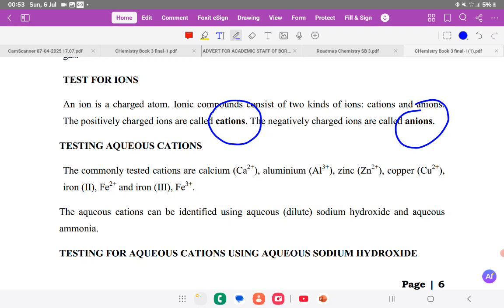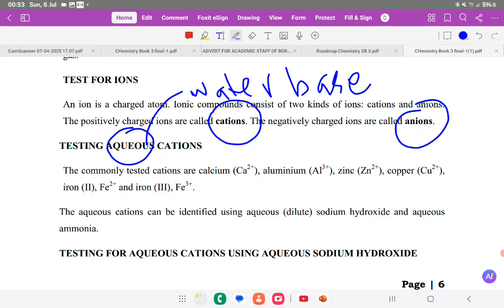So the ions are tested under aqueous conditions, meaning that these are tested when the ionic compounds are dissolved in water. Aqueous means watery, so they are water-based solutions. So the commonly tested cations, the cations that you are mostly going to be interested in to test, will be calcium ions.